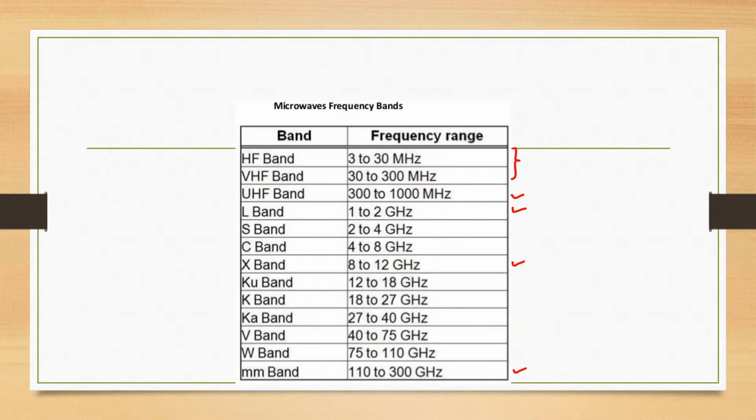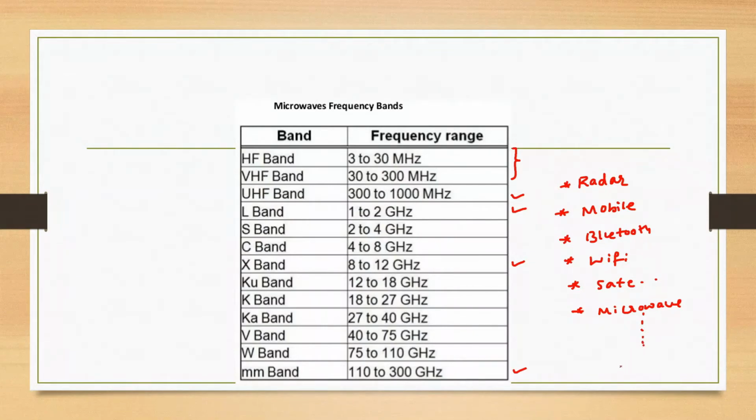You need to note that microwave signals have a number of applications, starting from radar, mobile communication, Bluetooth, Wi-Fi, satellite communications, and very importantly microwave ovens.